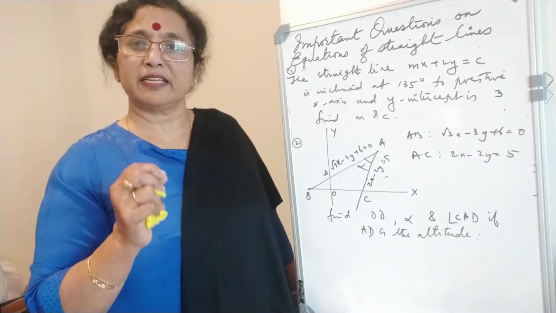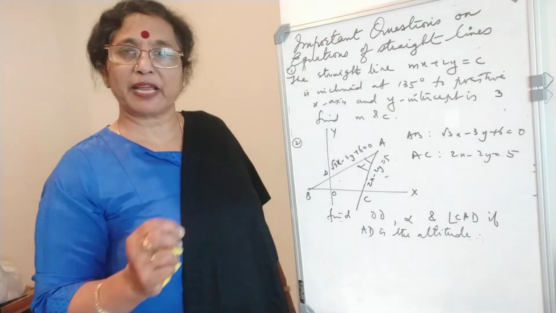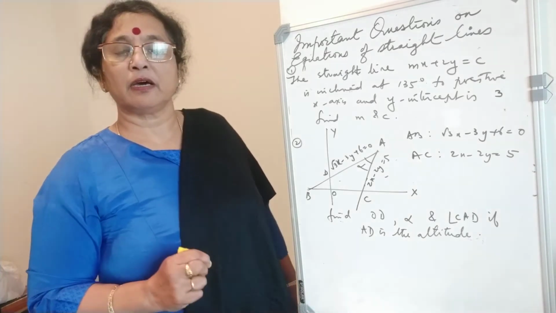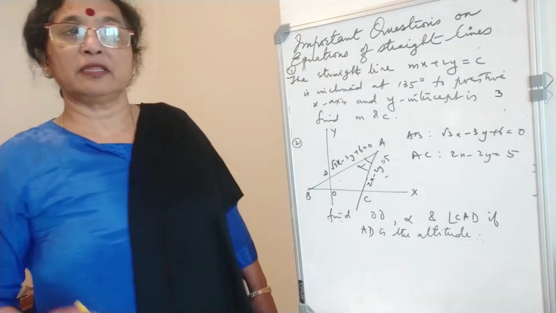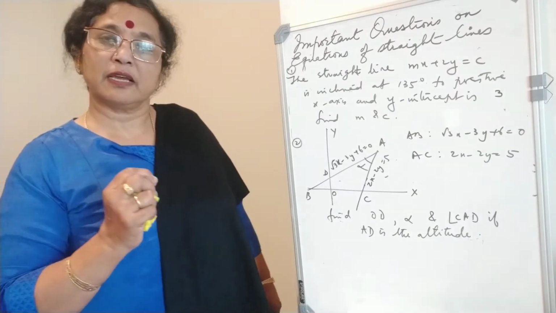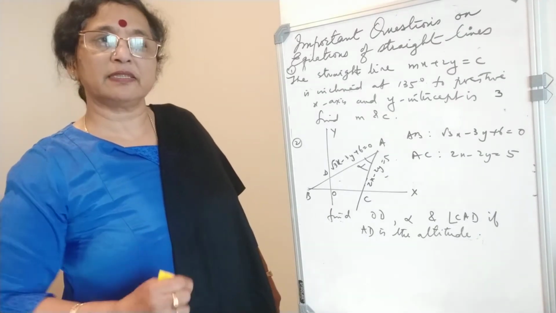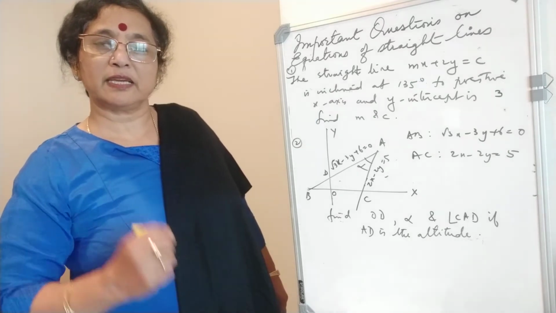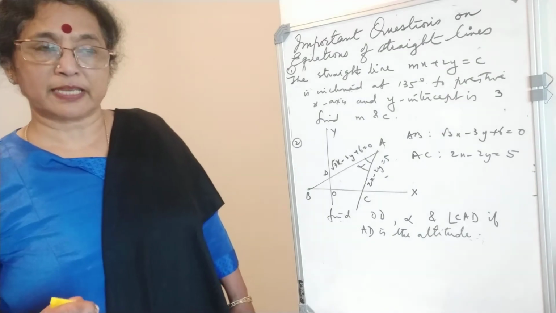That means the line is cutting the y-axis at (0, 3), which I explained in my previous video. Now in this question, the same line mx + 2y = c is inclined at 135 degrees with the positive x-axis, and it makes a y-intercept of 3 units. But find m and c.